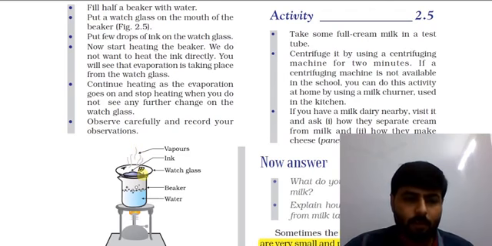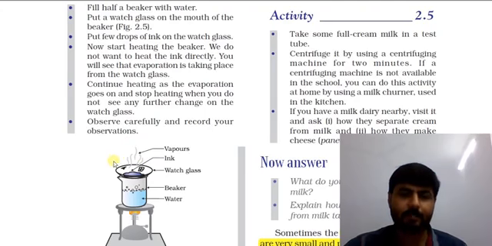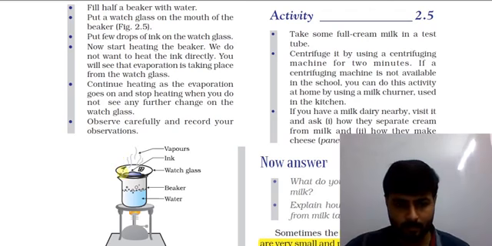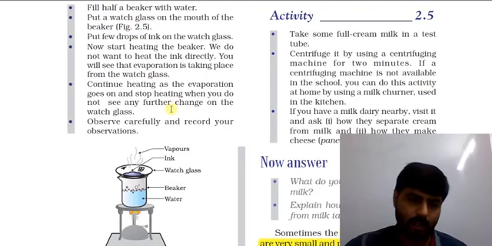You will see evaporation taking place from the watch glass. Here you can see the vapor, which means there is evaporation taking place in the ink. Continue heating as the evaporation goes on, and stop heating when you do not see any further change in the watch glass.